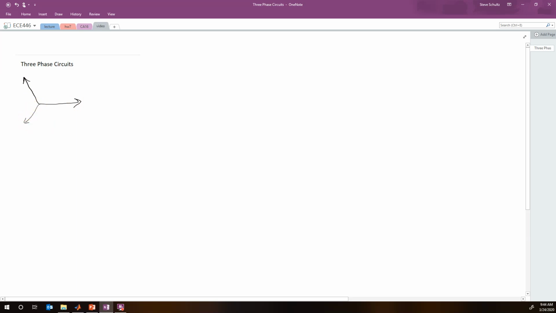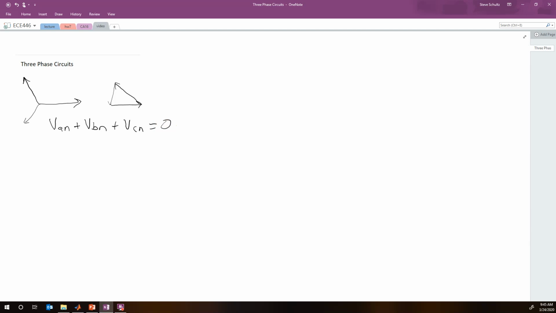If we take all of these voltages and put them end on end, I have a voltage this way, then a voltage this way, and then a voltage that way. If we add them up as vectors, VAN plus VBN plus VCN is equal to 0. So those phases are chosen specifically such that they all sum to 0.